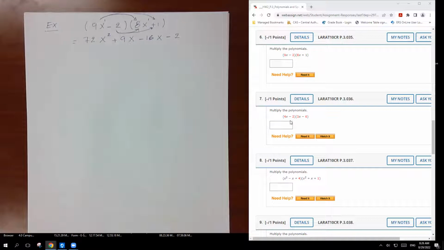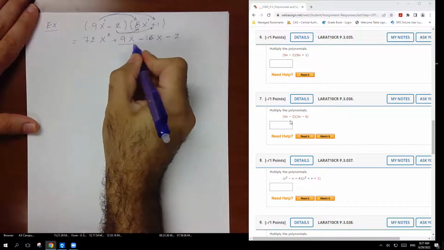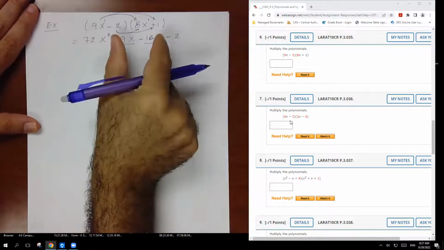Now, the next part, we have to combine the like terms. How are we going to combine the like terms? Where is the like terms? This one is similar to this one. You have to combine these together.